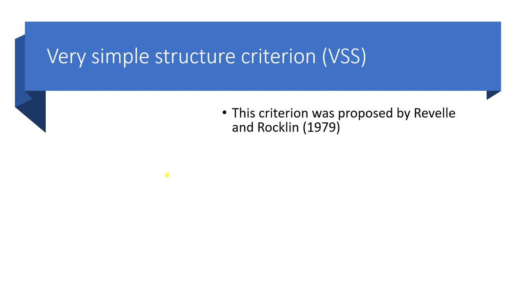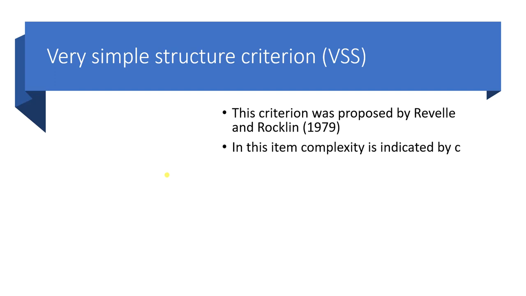I gave one example that simple structure means a few variables are having very high loading on one factor and those variables are having near zero loading on all other factors. Some other set of variables are having high loading on the other factor and the other variables are having near zero loading. So this is related to this simple structure.